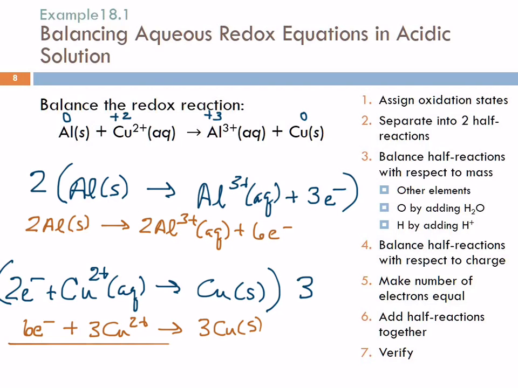So I add the orange ones. These guys go away. So I end up with 2 aluminum plus 3 copper.